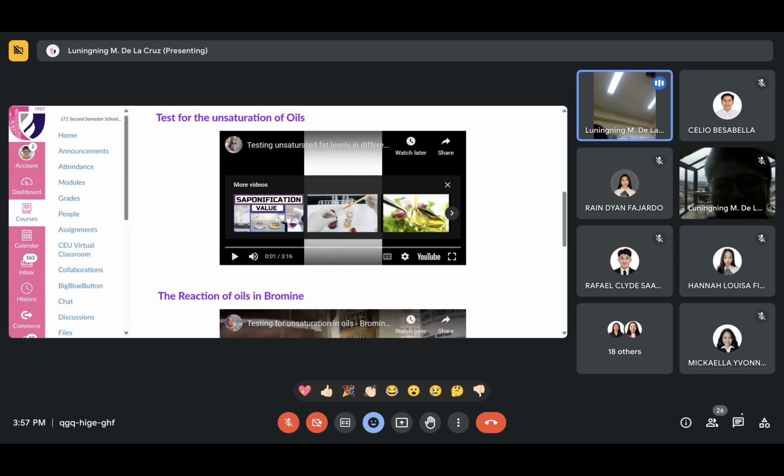So that is how our bromine test will look like in determination of unsaturation. The faster the bromine color disappears, the higher the degree of unsaturation, class.